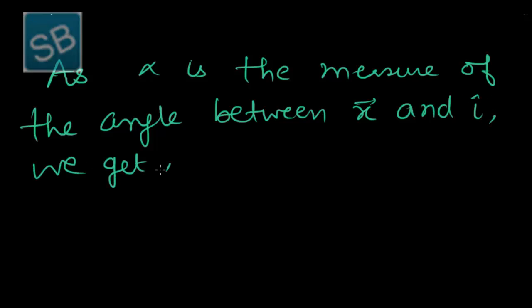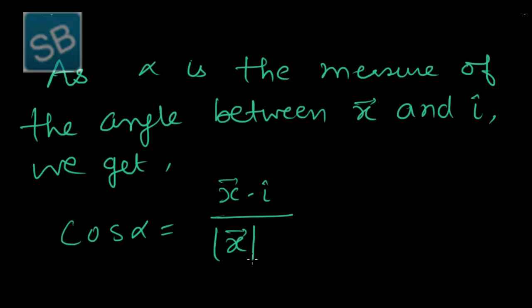We get, by the definition of the angle between two vectors, cos alpha is equal to the dot product of vector x and vector i over the magnitude of vector x times the magnitude of vector i.